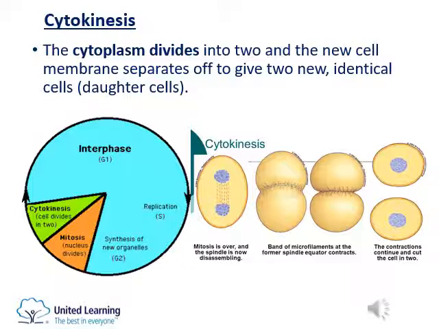Remember mitosis is when the nucleus divides, but in cytokinesis we also need the cytoplasm to divide. So the cytoplasm divides into two, and the new cell membrane separates off to give two new identical cells. This is the final stage, and at the end of this stage we have our two new identical cells, which are a copy of the first initial cell.